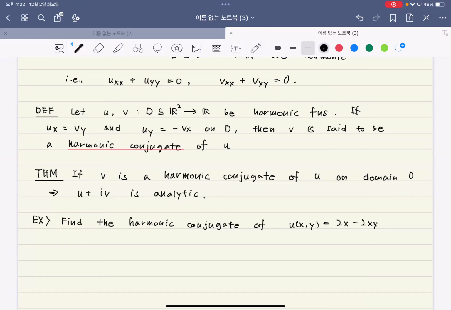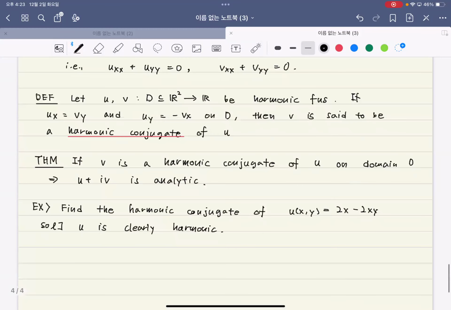So u is clearly a harmonic function. Now, to find the harmonic conjugate, this is our first condition. Taking the derivative with respect to x, 2 minus 2y is vy.